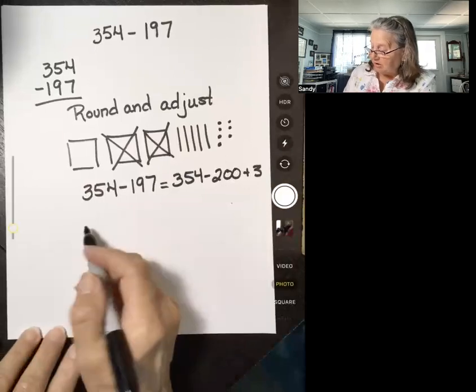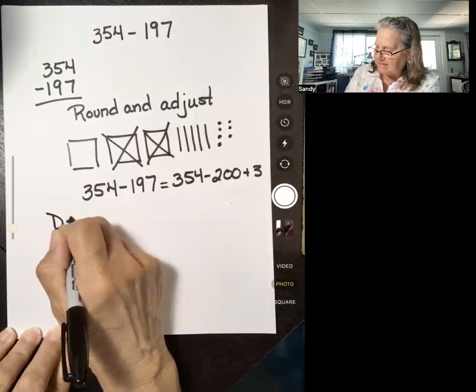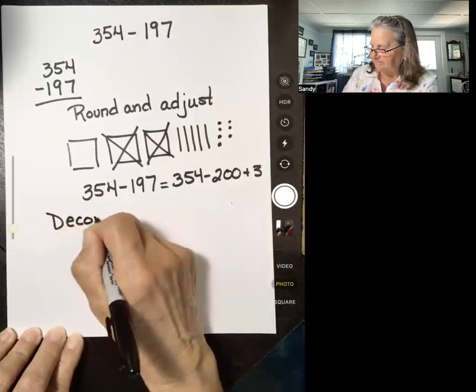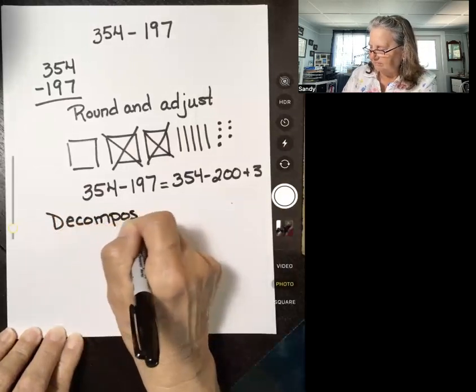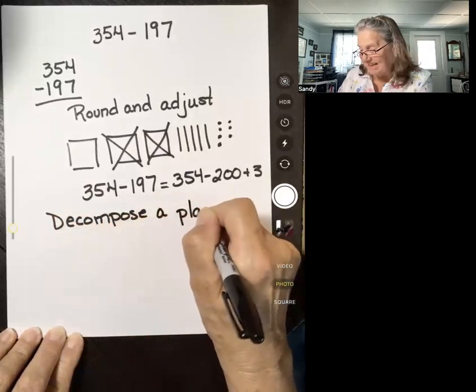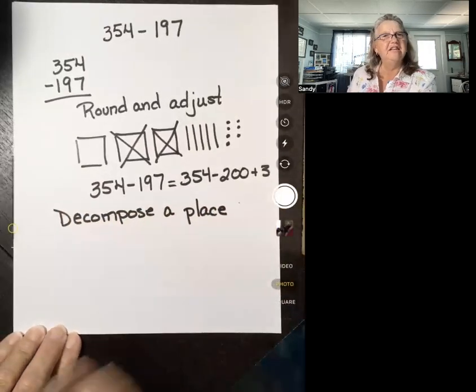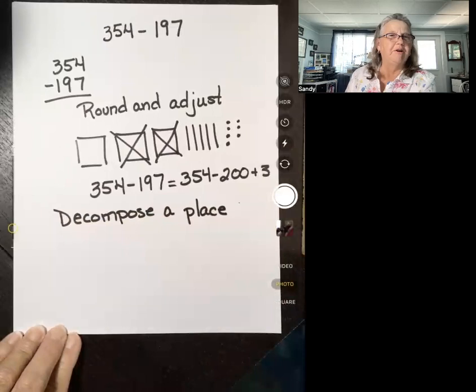Now, another technique is decompose a place. Now, you may see decompose, and again, some of the objective standards for your school district, decompose a place, it's just break it apart.